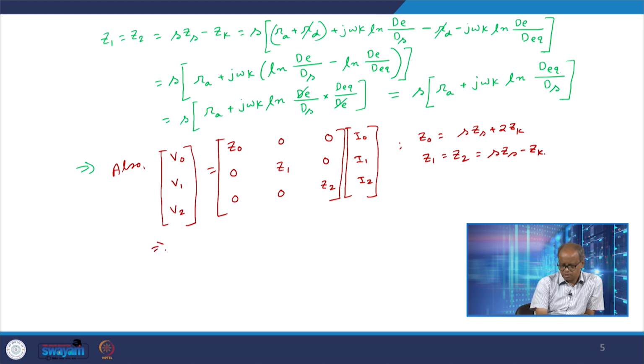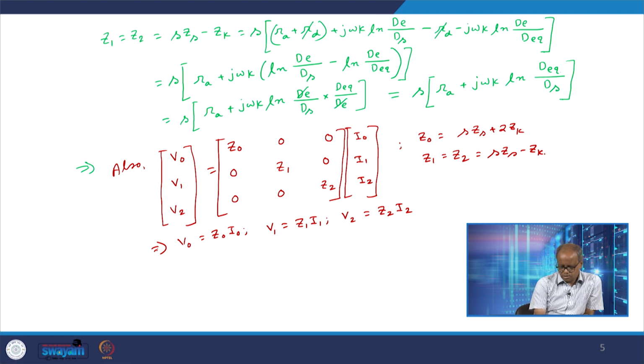So from here I can say that V0 is equal to Z0 I0, V1 is equal to Z1 I1, V2 is equal to Z2 I2.